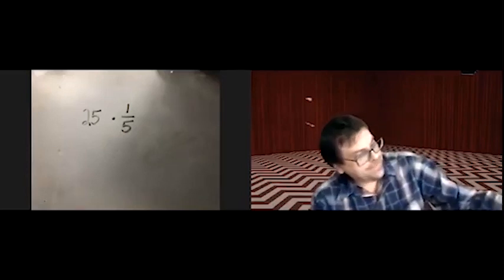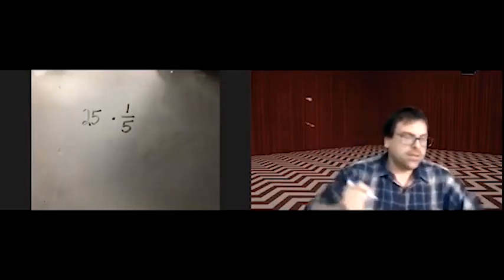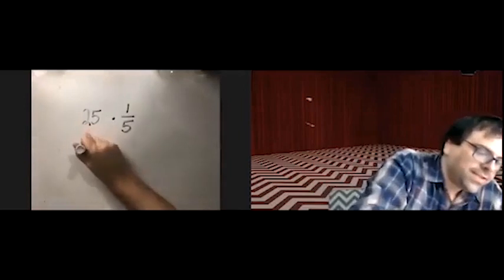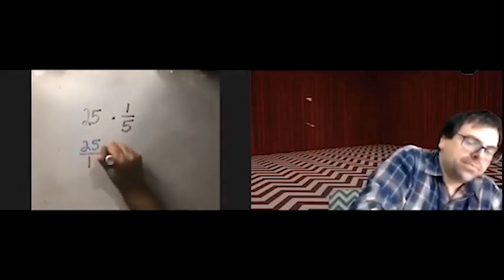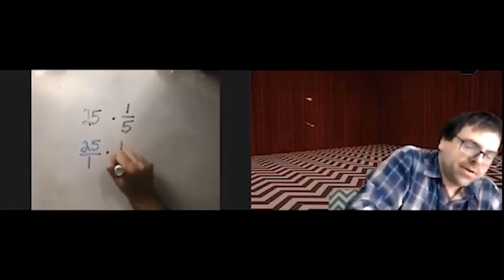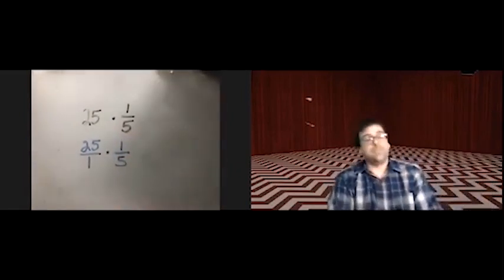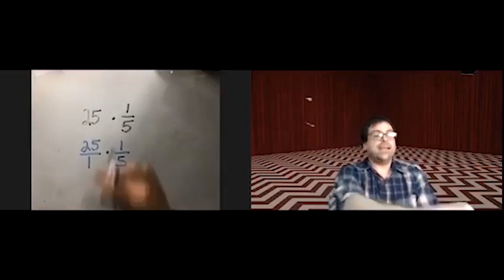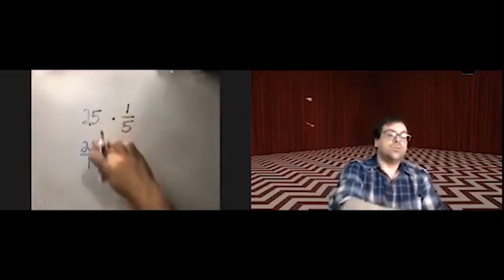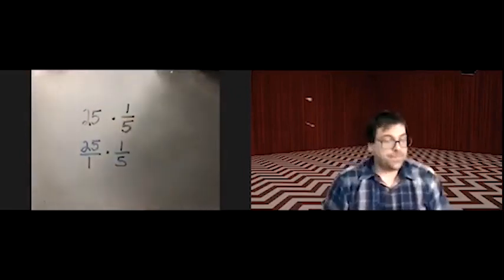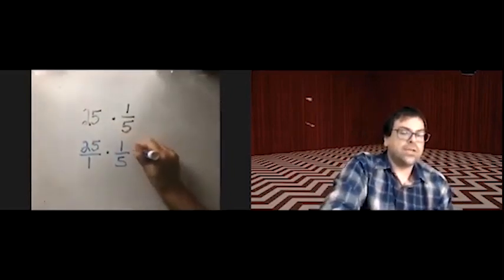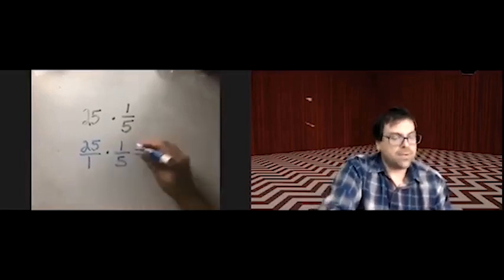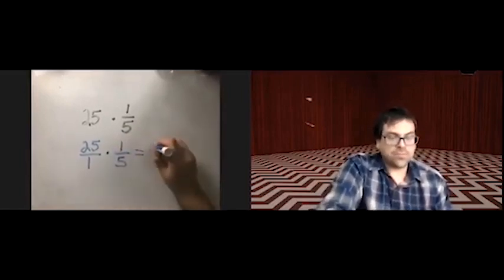Why is that? Well, the first step when we have whole numbers in fraction problems is to express them as fractions. And any whole number is equal to itself over 1. And that's why the 25 would only multiply through the top, 25 times 1.